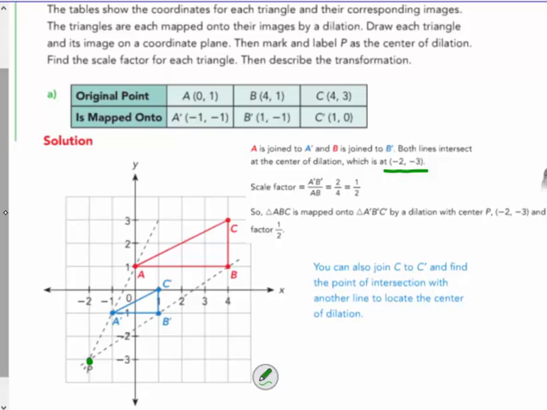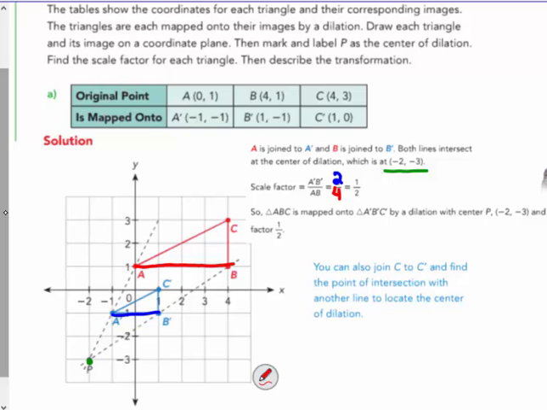The scale factor, so the image of AB, which is in the blue here, is 2 units. So that's this 2 right here. The original image length from A to B here is 4 units.